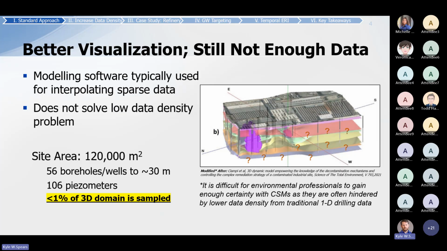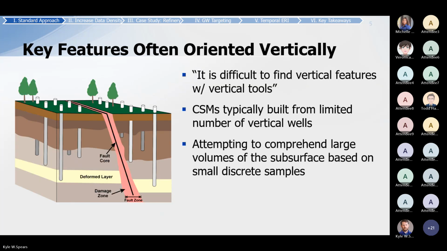What's happening between these wells? Furthermore, if we think about a lot of the projects that we all work on, the most interesting parts are typically the paleo channels or the faults and fractures, where things are either moving or being prevented from moving by those features. Those are typically oriented in a vertical fashion.